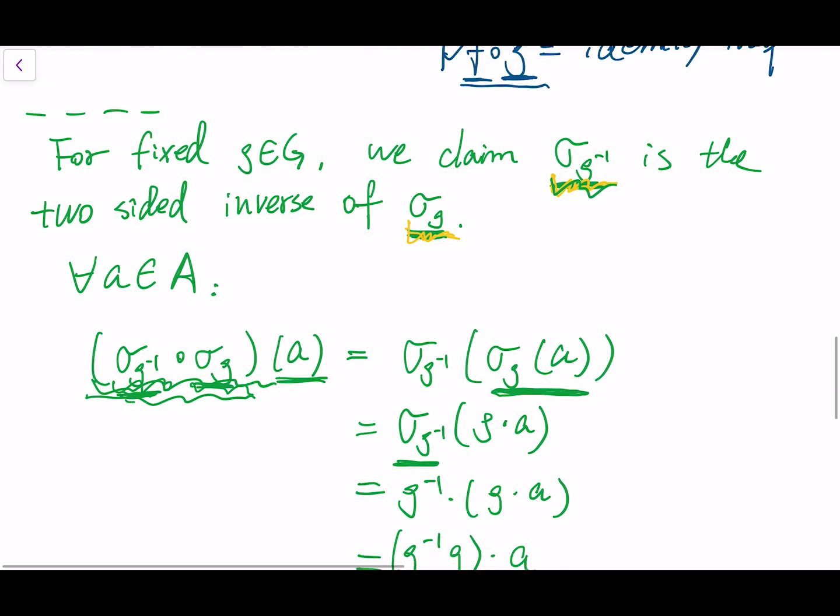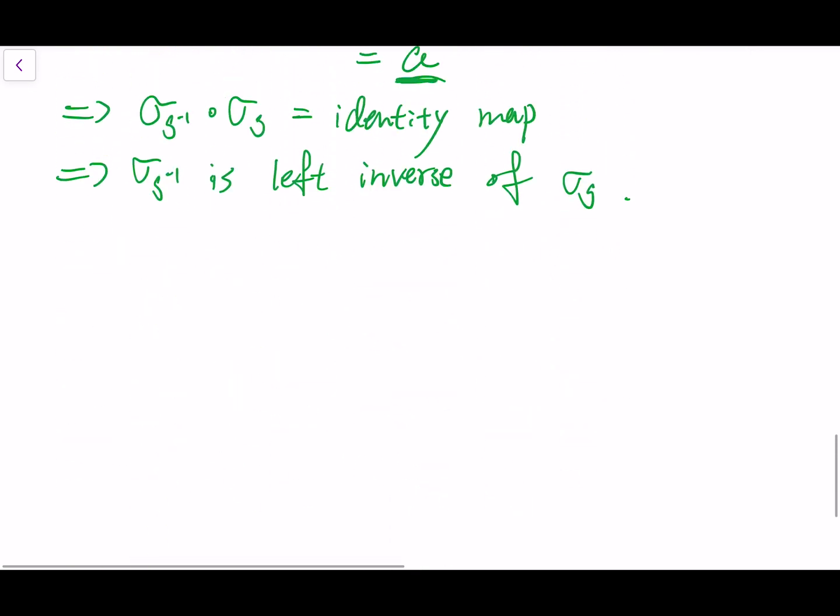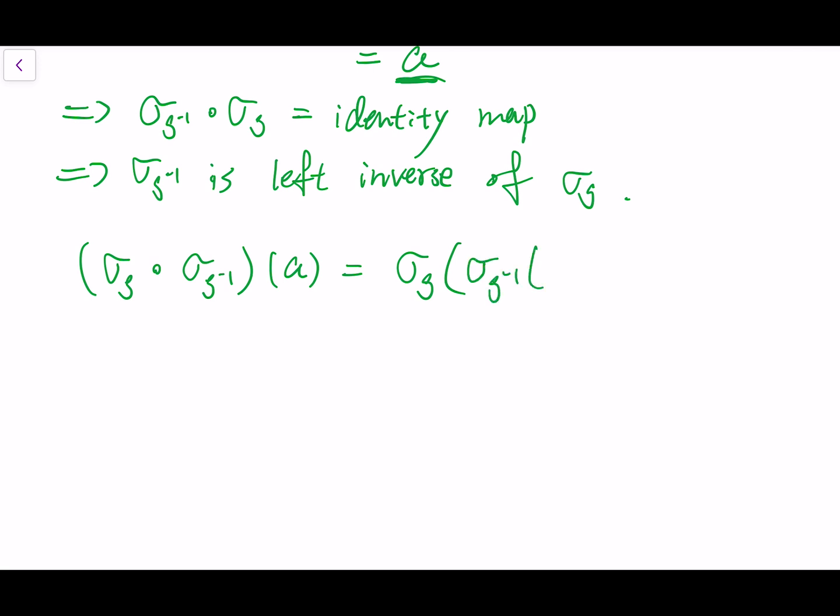So similarly, we can consider sigma G composite with sigma G inverse, then map A is equal to sigma G, sigma G inverse A. And then by the definition of this sigma notation, it is equal to sigma G map G inverse act on A, and also it is equal to G act on this one.